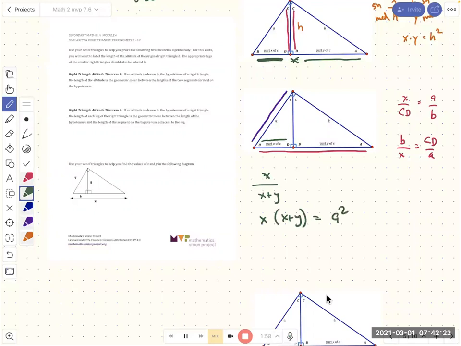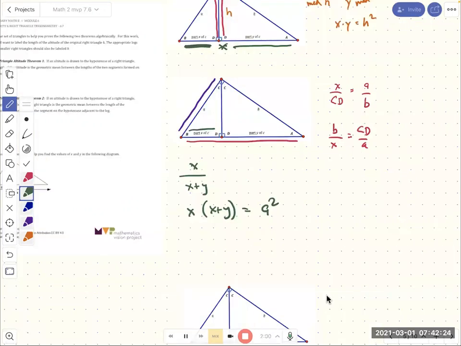What we'd like to get to happen is A to C is equal to X to A. That would do it, right?